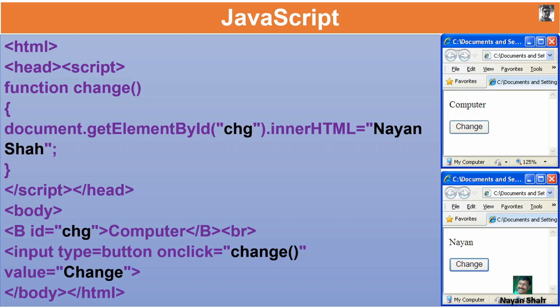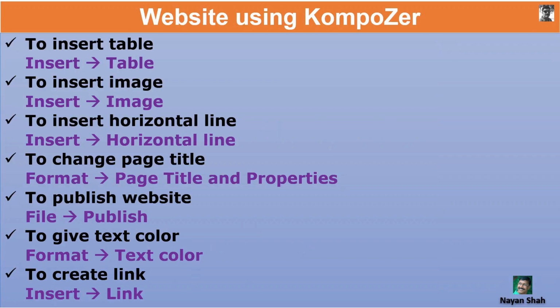For that we have written the function change. While creating the word computer, where the word computer is written, we had given ID as CHG. And then we are finding out whose ID is CHG, and its innerHTML will change to Nayan. So that is one example of understanding ID, getElementById, and innerHTML.